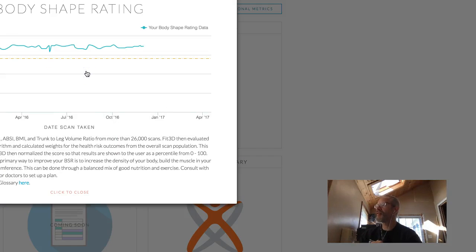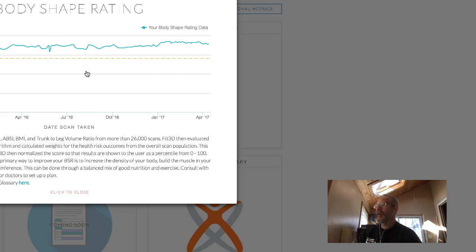So if I click on this one, you won't see the entire tile here, but basically the body shape rating takes all the metrics that we're going to look at. And Fit3D evaluated that data from over 26,000 scans, and they're collecting more data all the time. So these can get updated. But then they evaluated the correlation between each one of those algorithms and health risk outcomes.